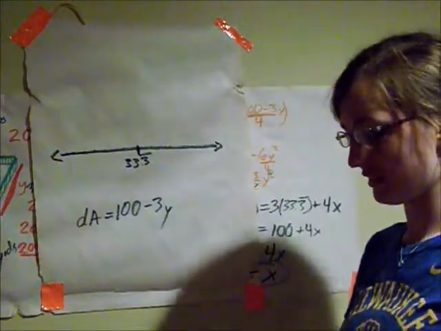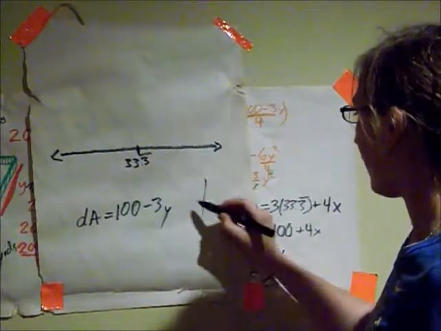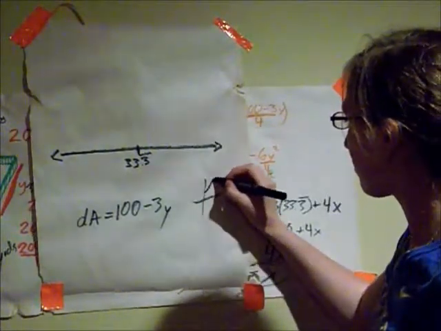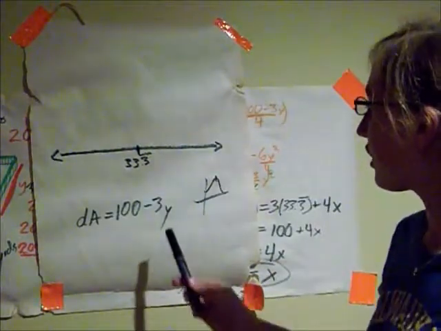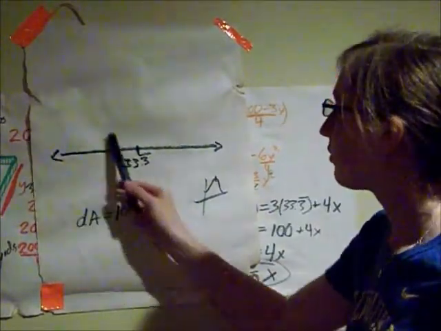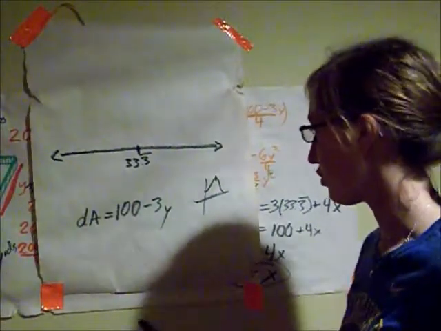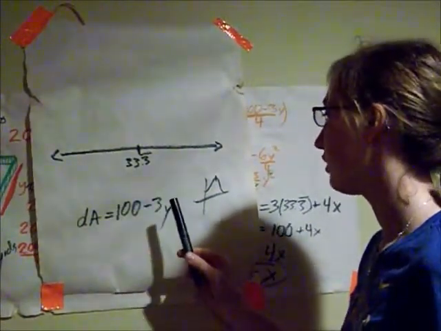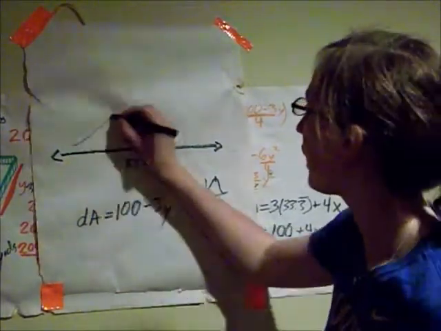And we can use this to determine if this is actually on a graph and it's a point like right here, if it's maximum. So what we're going to do is plug in a number that's over here, like 0, to this equation. So 100 minus 0. That's a positive number, so it's going up.